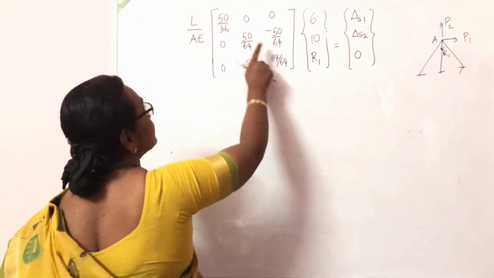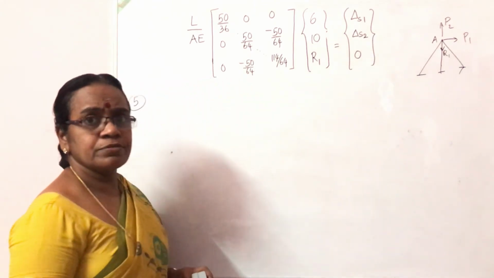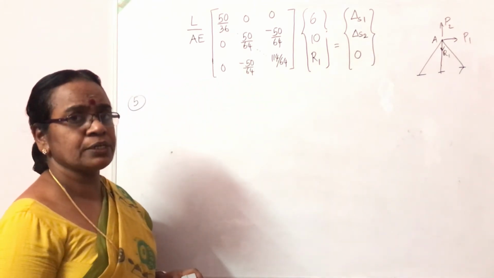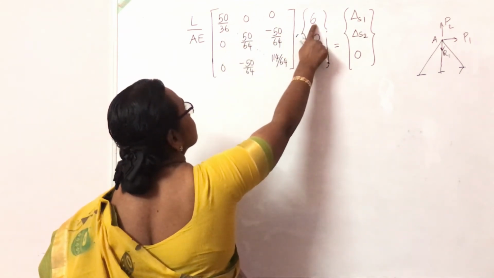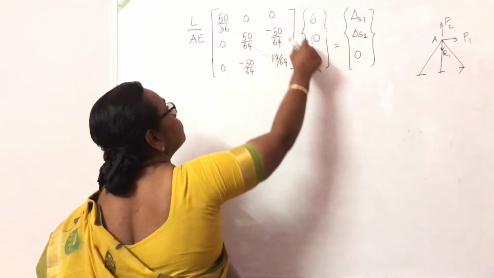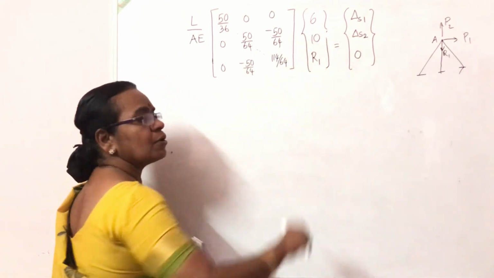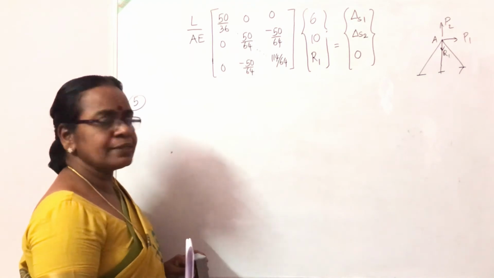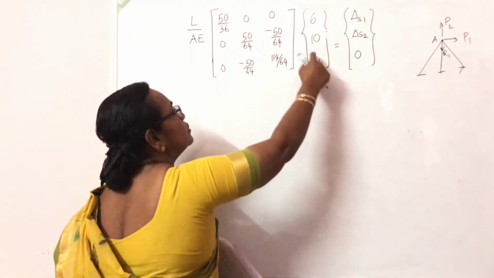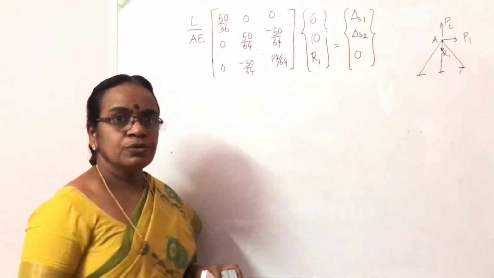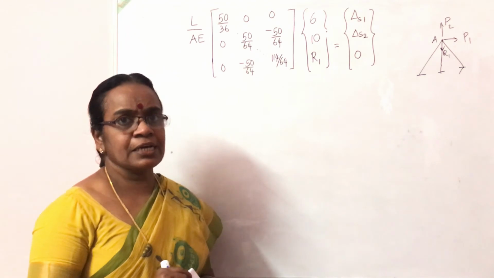Delta S1 and delta S2 are also unknowns, the displacement of joint A. If you consider the first equation, 50 by 36 into 6 plus 0 is equal to delta S1. So if I get R1, I can find out delta S1. Similarly, the second equation, 0 into 6, 50 by 64 into 10, this into R1 is equal to delta S2. So there also, if I get R1, then only I can find out delta S2.